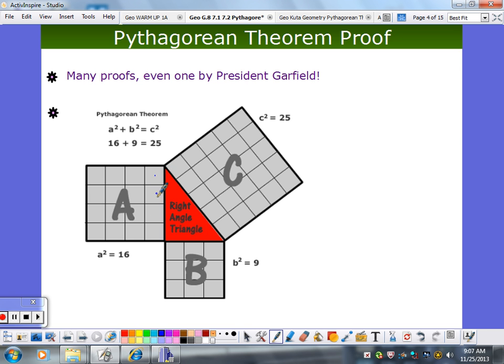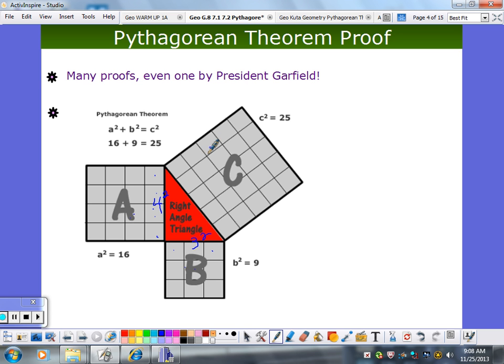So let's see, I've got 4 units on this side, and 3 units on this side. If I square that, I square the boxes, right? The boxes represent the actual square. Squaring is an area. So when you square 4, you get 16. Do I have 16 boxes? When you square 3, I get 9 boxes. Add those together, a squared plus b squared.